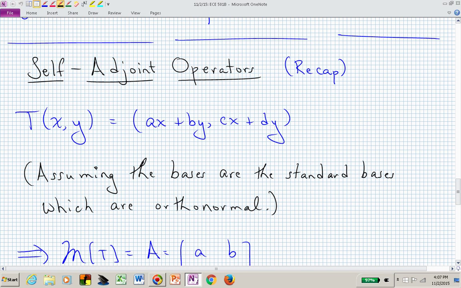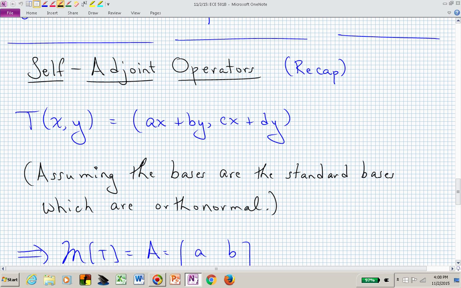Self-adjoint operators. This is now basically saying, when is a linear map T equal to its adjoint? And for that to make sense, these linear maps can't be going between different vector spaces. They have to be operators, they have to go back into where they came from.